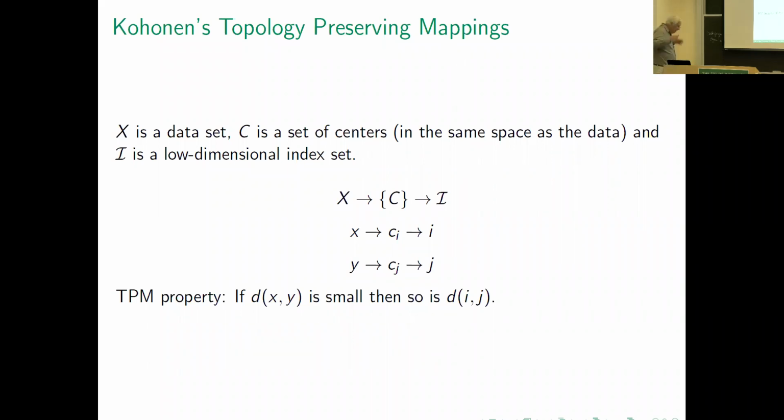But the idea is that if you have points in a high D space, I can cluster them and put centers on them, but then I don't really know how to map these to a low D space immediately. I need to organize, and Kohonen had this really neat idea: centers, or vectors or prototypes, should be pulled towards data together if they have neighboring indices.